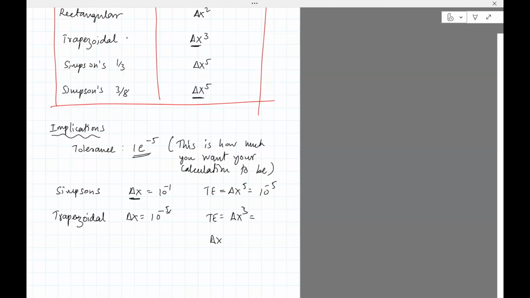So we need 5/3. So when you do this, you'll get 10 raised to negative 5/3. What is 10 raised to negative 1? It's 0.1. Let me compute what 10 raised to negative 5/3 is. 0.02.